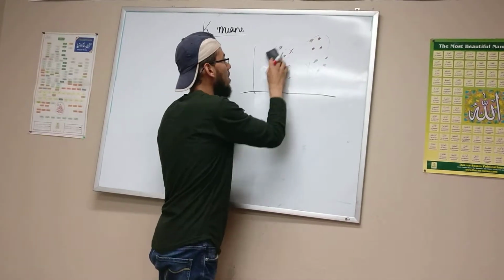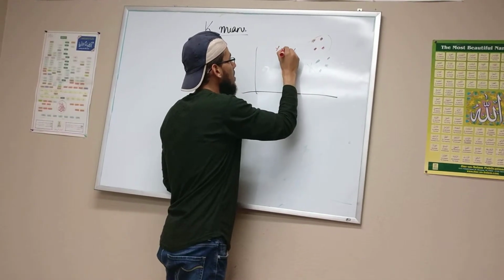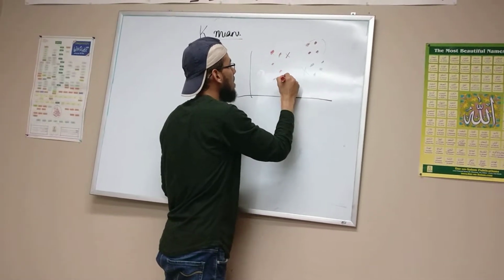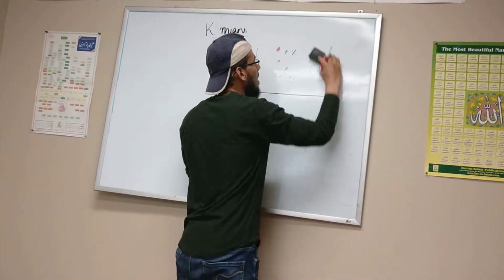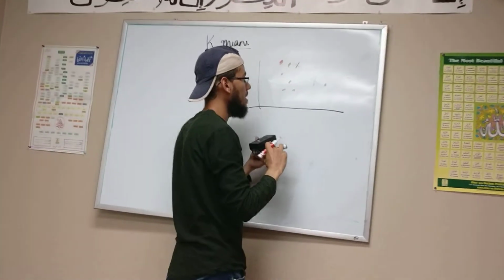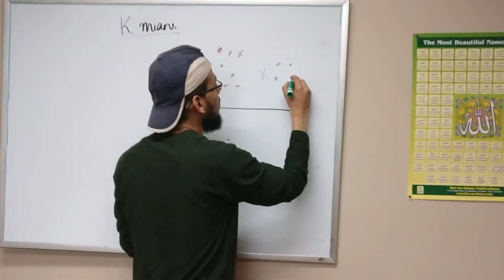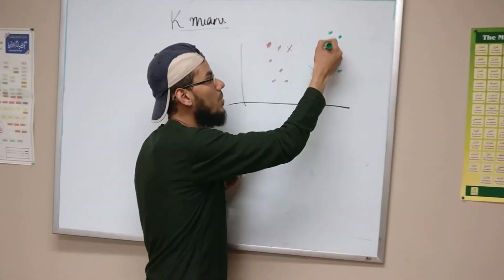So we're gonna do the reassignment. So all these data points, 1, 2, 3, 1, 2, 3, are going to be assigned to this centroid, and all these data points, 1, 2, 3, 4, and 1, 2, 3, are going to be assigned to this.